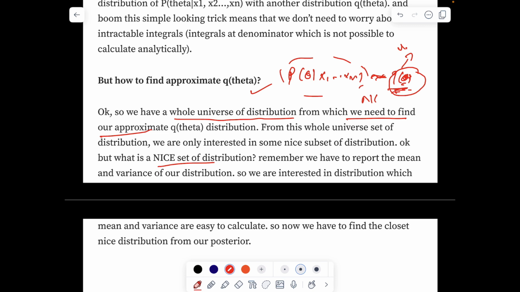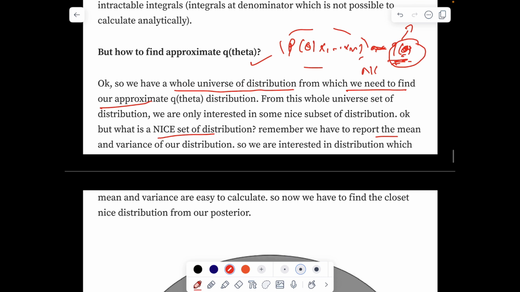If we have a distribution from which mean and variance are easy to compute, it is good for us. So this is basically our definition of a nice set of distributions.